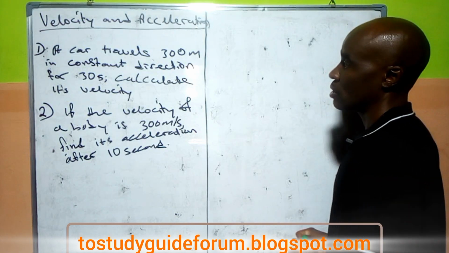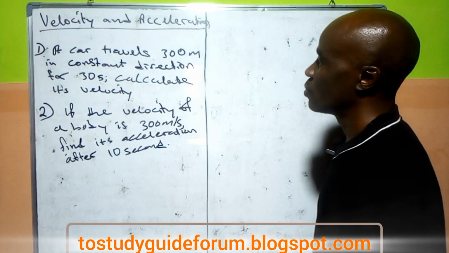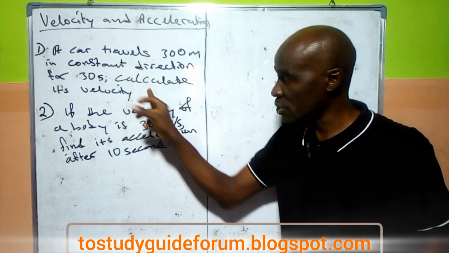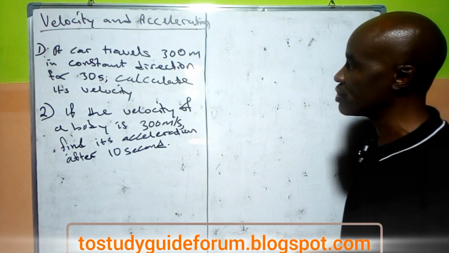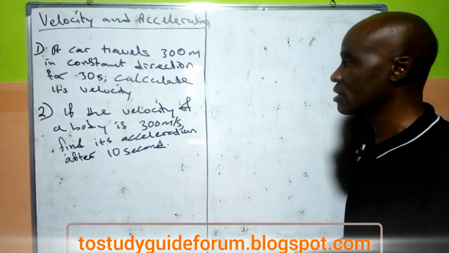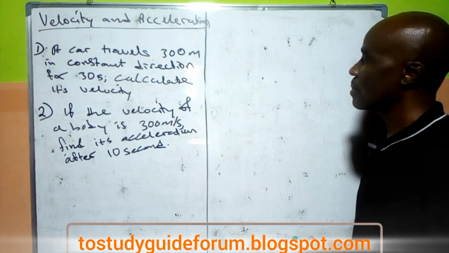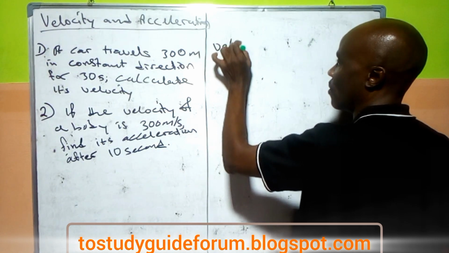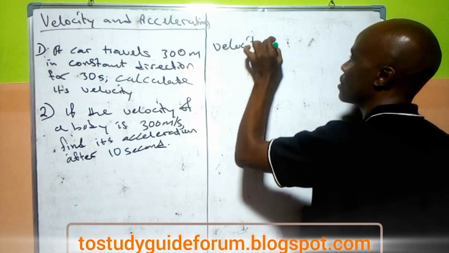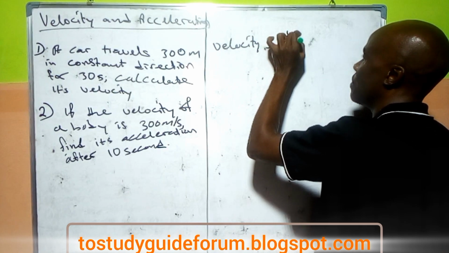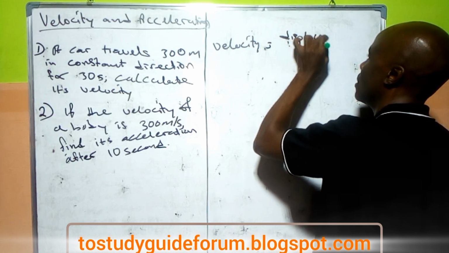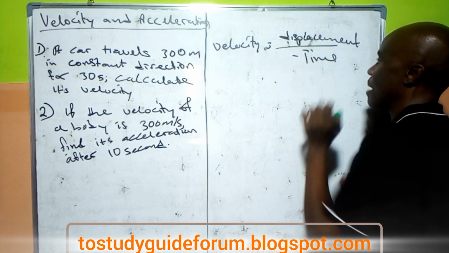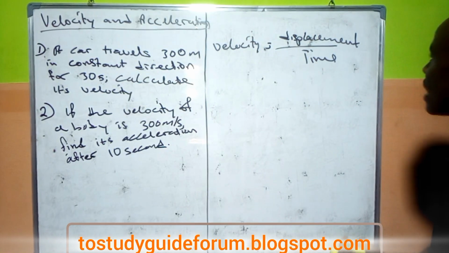Starting from the first one, we're calculating velocity here. Since you know that velocity is the rate of change in displacement with time, to find the velocity, it simply means displacement over what? Time. Displacement over time.